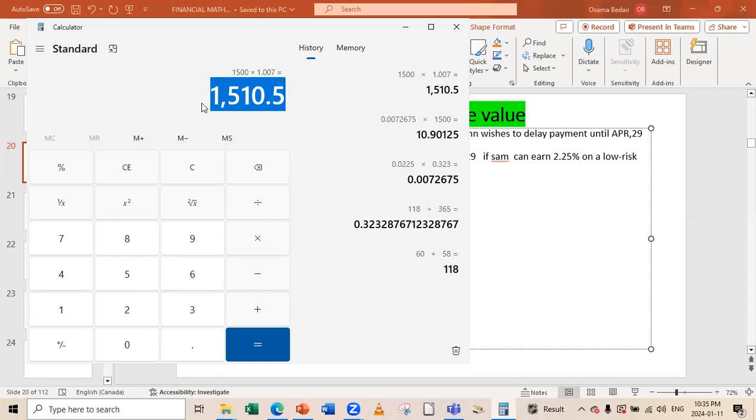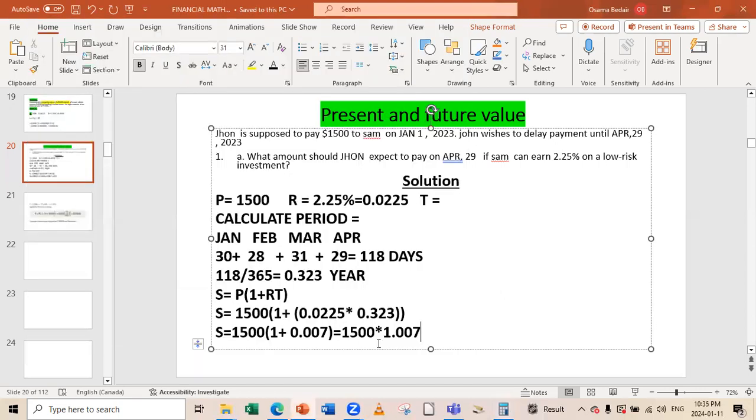I will take this amount like this, and I will put it back here with Control C, copy. Then I will go here, equal. This is the amount which I will get.